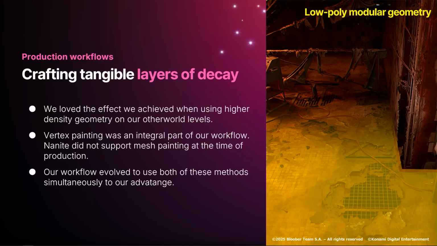So I'll start with a basic workflow, how we achieve these holes, this corruption. And one of the most important aspects for us is we wanted to use the same geometry that we used in the real town of Silent Hill, or the so-called fog world. This is because the levels, for those who may not have played the game, replicate themselves, but in different realities.